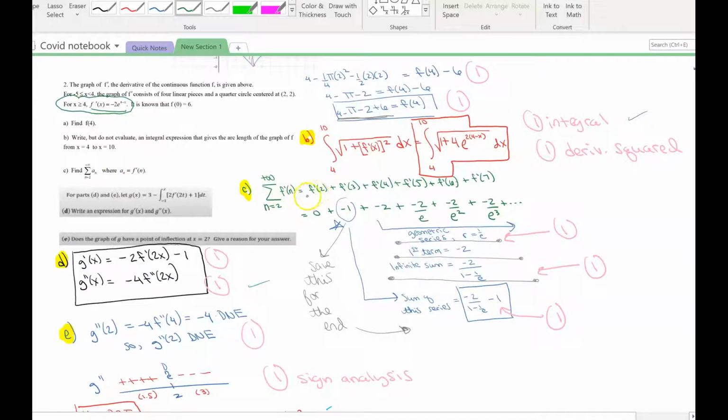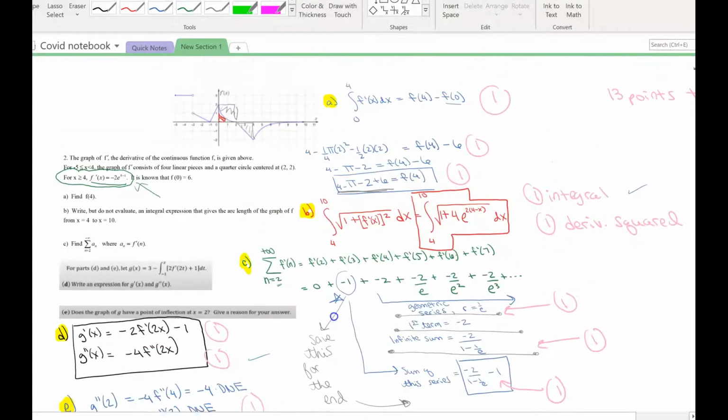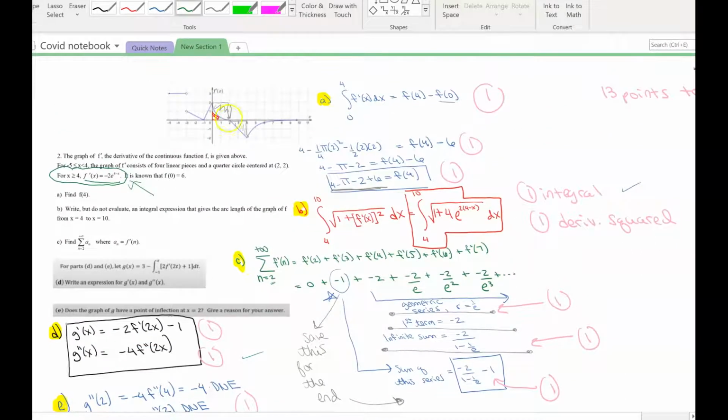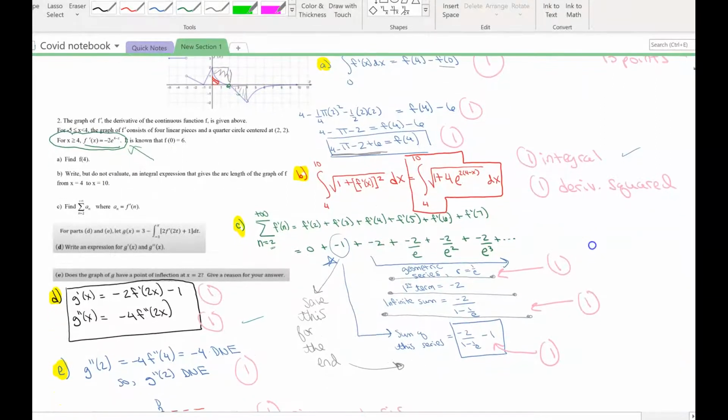F prime of 2, because it starts at 2, plus f prime of 3, plus f prime of 4, etc. F prime of 2 and f prime of 3, you don't look to this equation for it. You get them from the graph. F prime of 2 is 0, f prime of 3 is -1, okay?